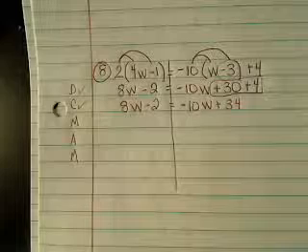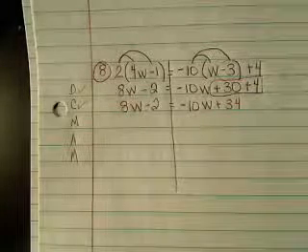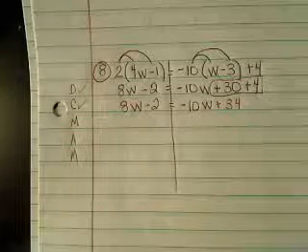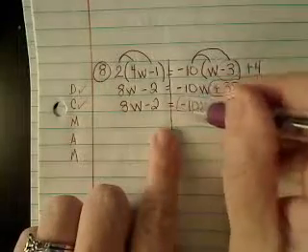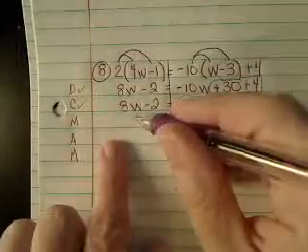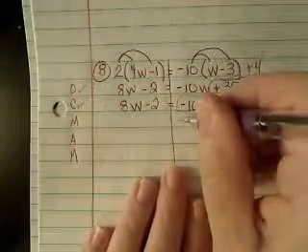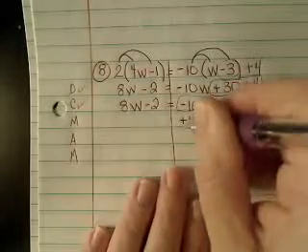Now we're going to do the third step, the M. Don't call me after midnight. That M means to move the variables to the same side of the problem. So I'm going to move this variable on the right-hand side to the left-hand side. It's a negative 10w, so I'm going to do the inverse and add 10w.